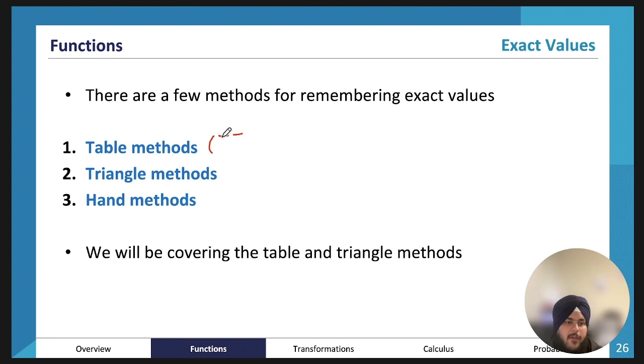We also have the triangle method, which is kind of neutral. I don't really use that method. And then we also have the hand method. The hand method, I personally don't know how to use in the most accurate manner. A lot of people do use it, but I haven't really seen many people use it. So the table method is probably the best way of memorizing the unit circle.